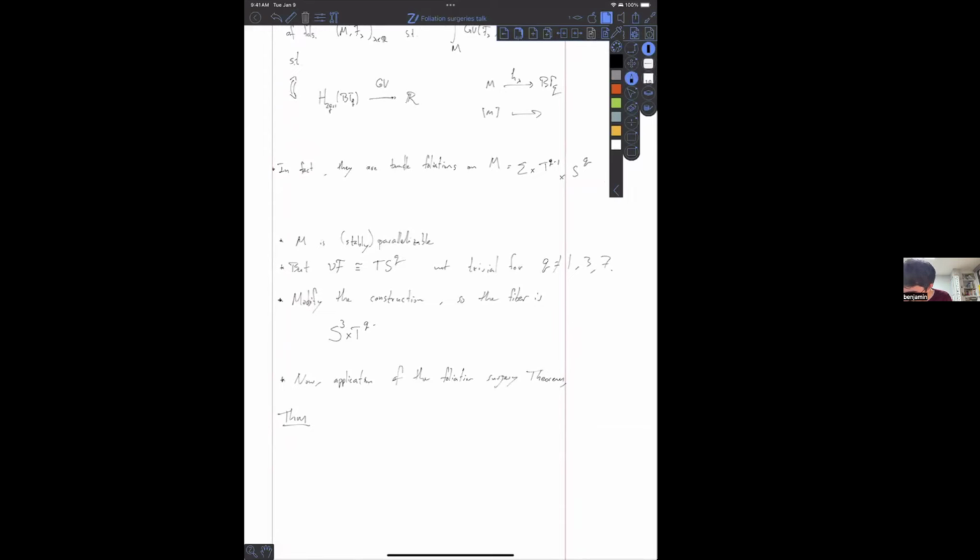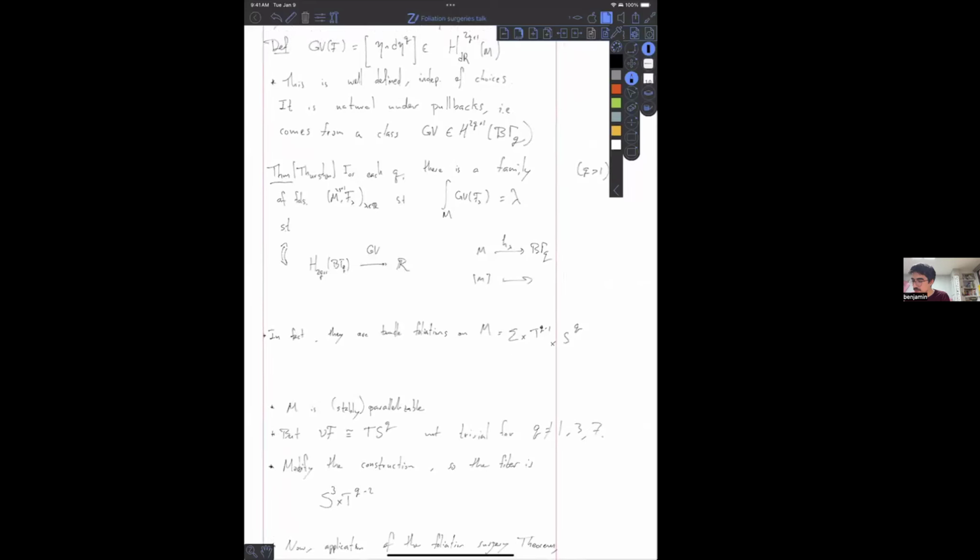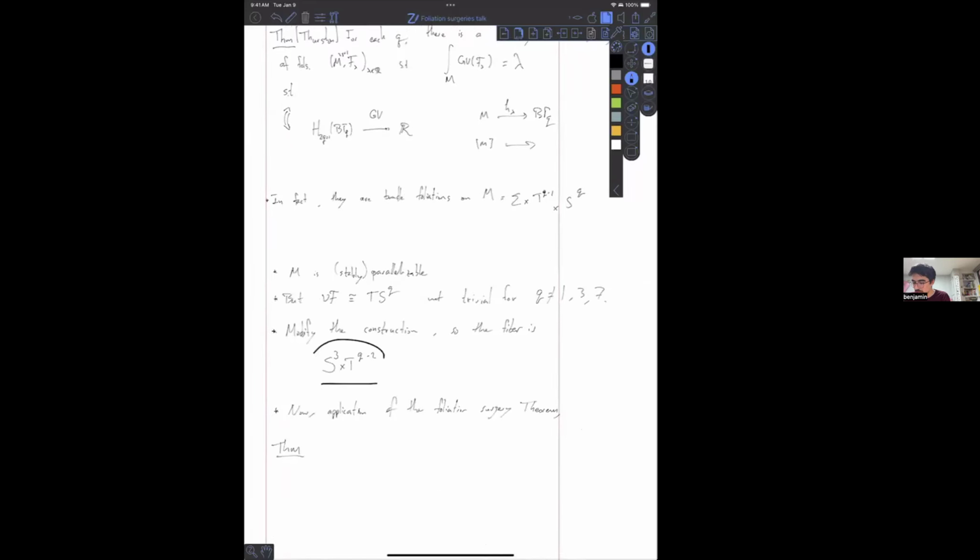I'm guessing a little. So you can modify Thurston's construction to have this fiber, and this is parallelizable. So the modified F has trivial normal bundle.